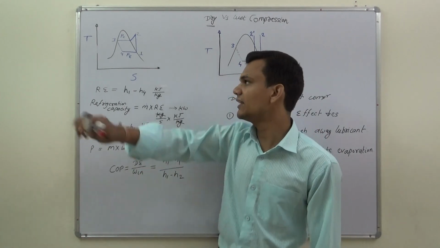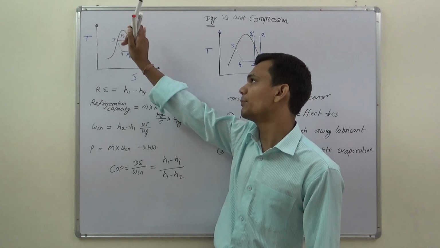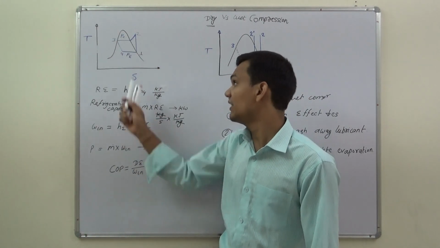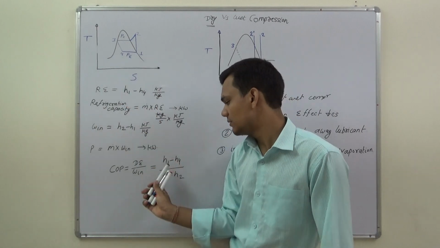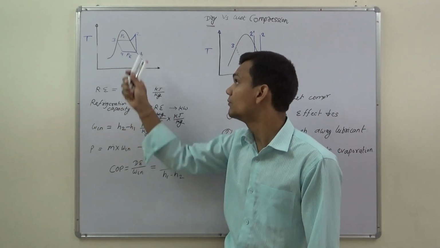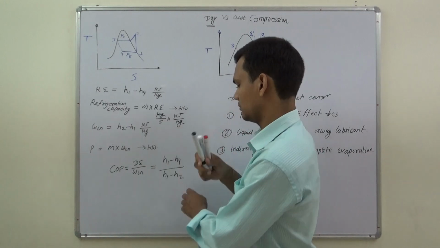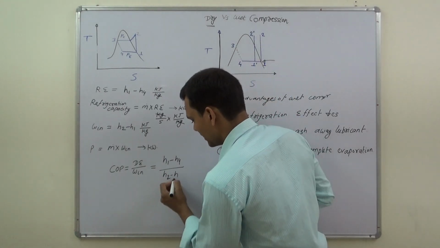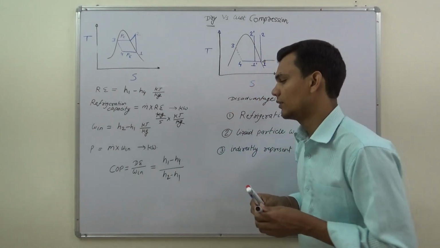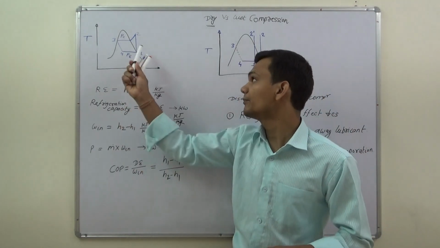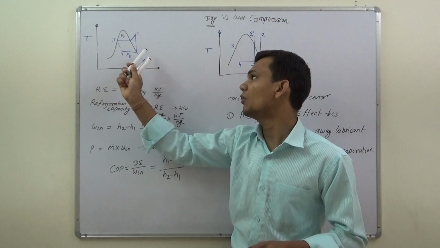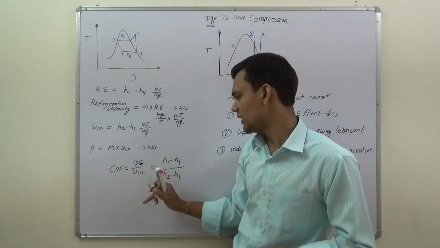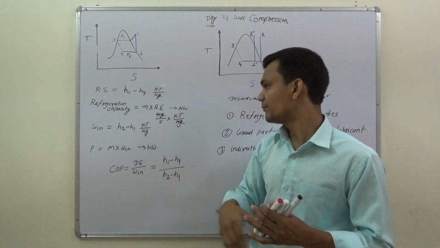We get the desired effect in the evaporator and supply work to the compressor. So the desired effect is H1 minus H4 and the work supplied is in the compressor, so it will be H2 minus H1.